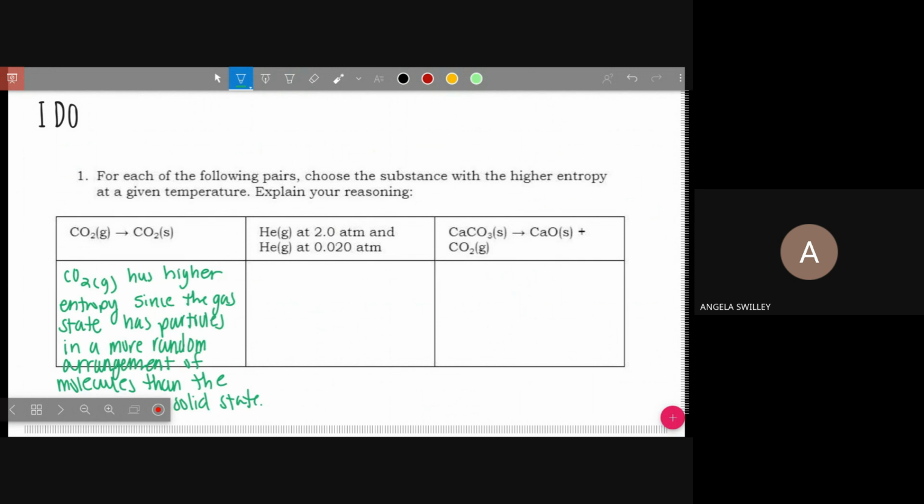All right. Which helium gas will have the higher entropy? The helium gas at 0.020 atm has the higher entropy, since at lower pressures, gases will expand. Remember, when pressure goes down, volume is going to go up.